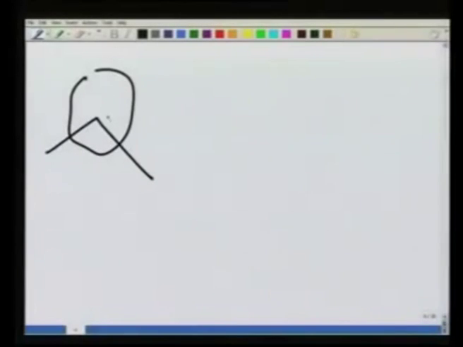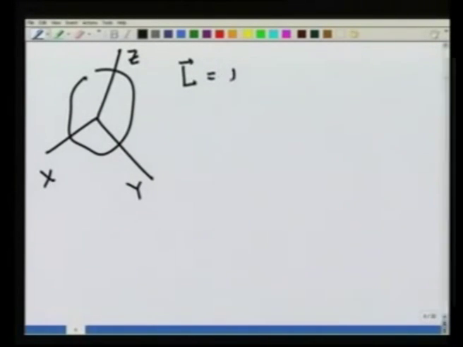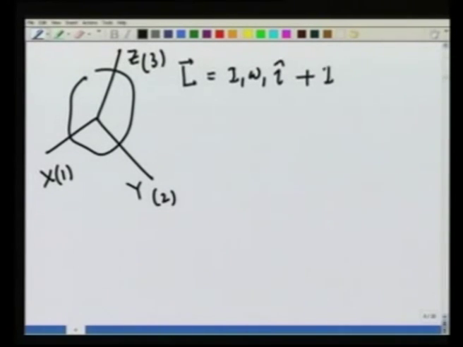But this is quite a simplification, that for a given body, suppose these are the principal axes x, y, z, then the angular momentum is going to be given as I1 omega 1 in the 1 direction, plus I2 omega 2 in y direction, plus I3 omega 3 in k direction. This is diagonal.